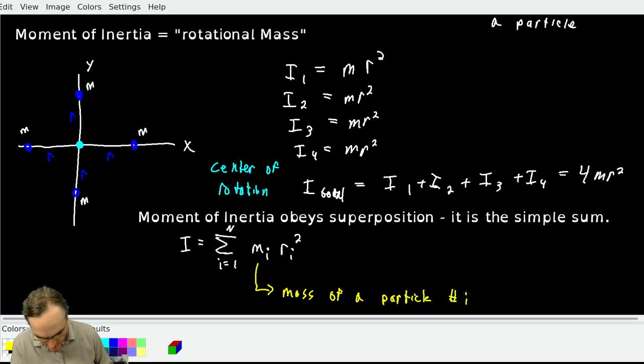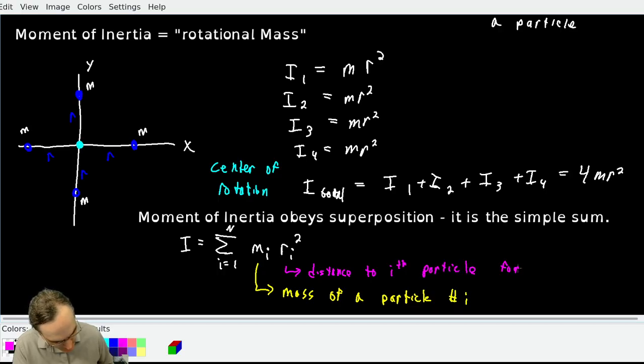So the ith particle, and then here the distance of the ith numbered particle from the center of rotation.